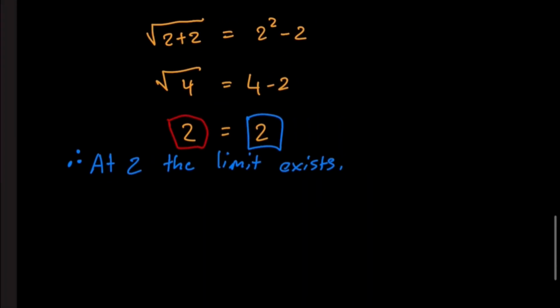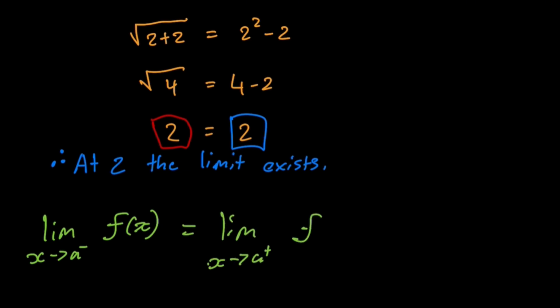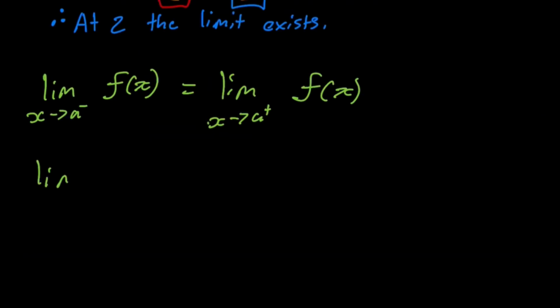So we know we can write back the limit as x approaches 3 negative of f of x must equal the limit as x approaches 3 positive of f of x. And we solve for the left hand side, we can write x squared minus 2.